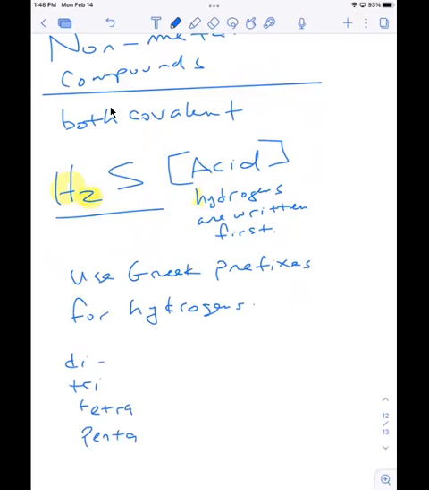This is 2, 3, 4, 5. So this will be dihydrogen. And then what about sulfur? What do you think? Do we just write dihydrogen sulfur, or do we need to put a suffix on to make sure that we know what we're doing?